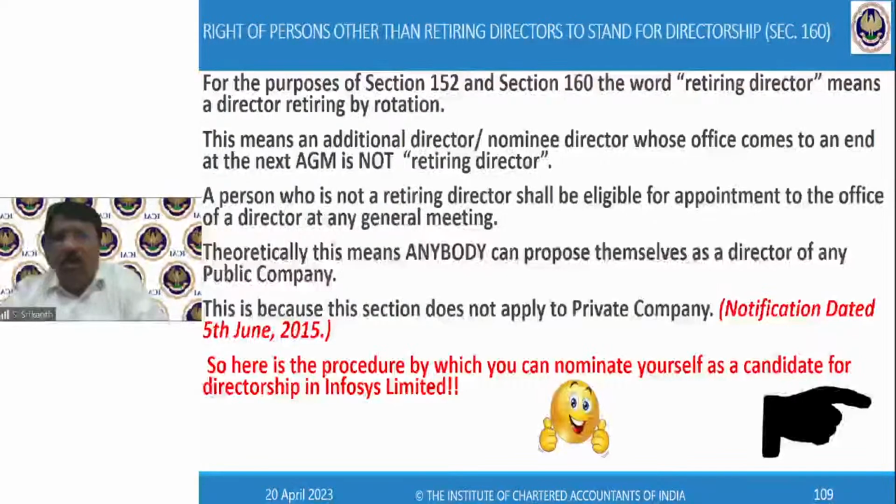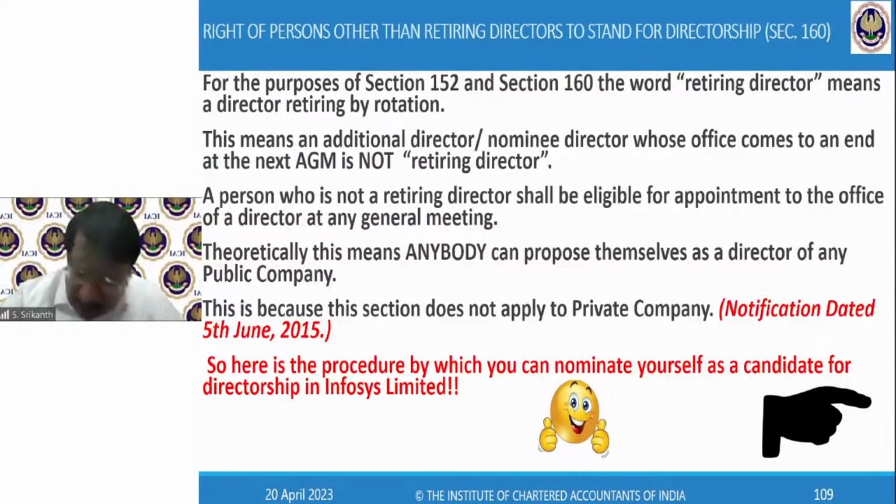So while giving the notice itself, we'll say Mr. Vagmare and Mr. Palekar, who are liable to retire by rotation at the ensuing annual general meeting and being eligible for reappointment, have given their consent to act if appointed. It is recommended that they may be reappointed. That's it. So the board is recommending reappointment of Vagmare and Palekar, which is quite in order.